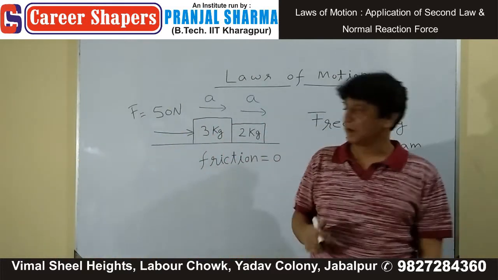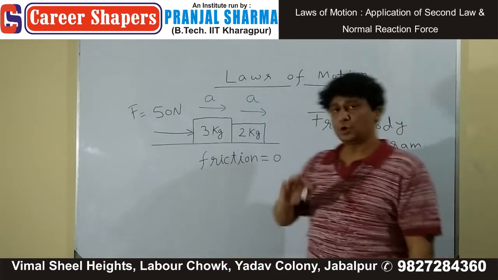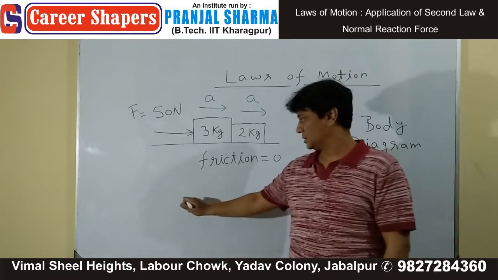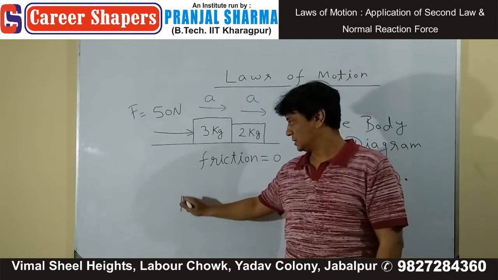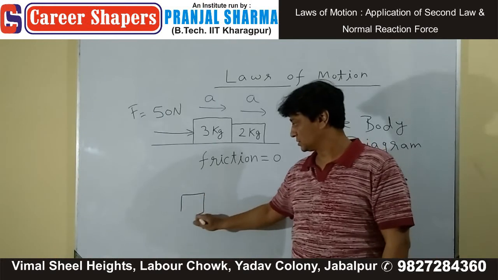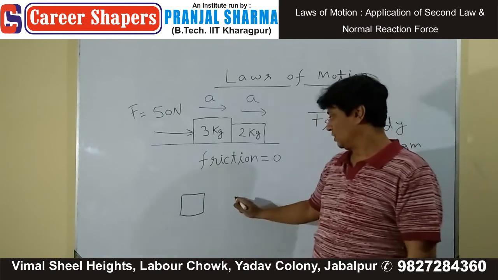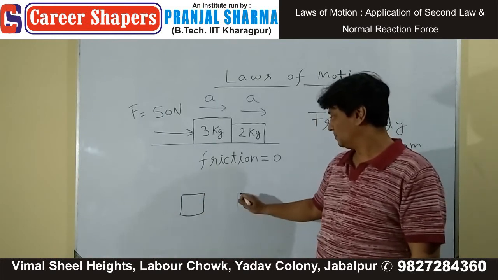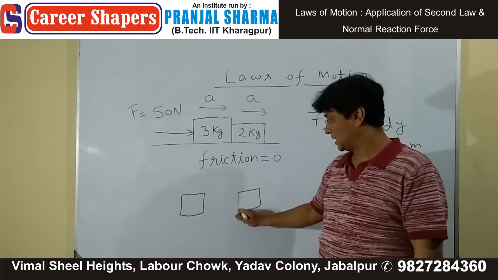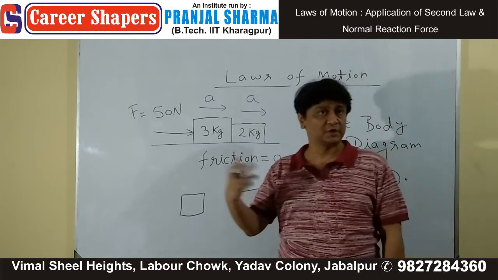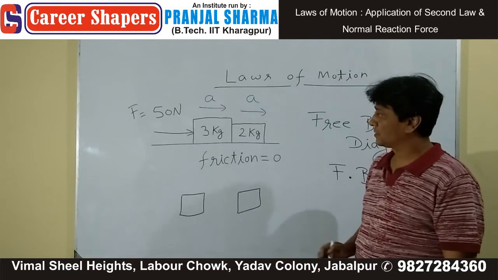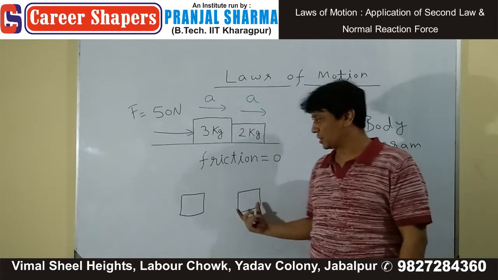What do you mean by free body diagrams? You will separate these figures, will free them from each other. They are still connected, but just for the sake of answering, हमने इनको अलग अलग ड्रॉ किया हुआ है.